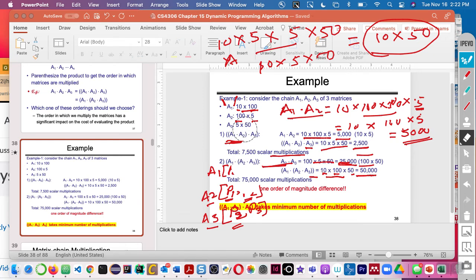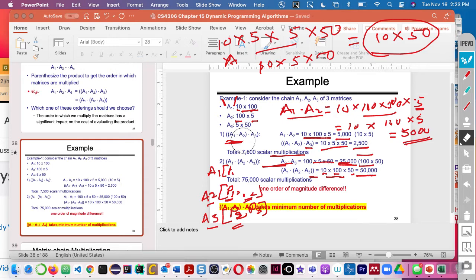So the matrix chain multiplication problem states that, given a set of matrices, which is the best order to select the matrices that are multipliable, that gives us the efficient and lowest number of multiplications?